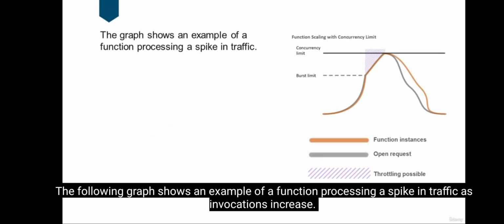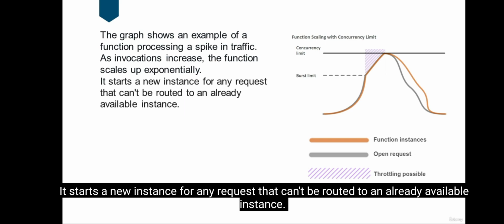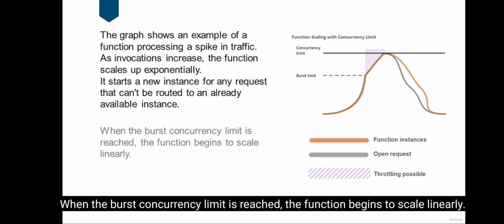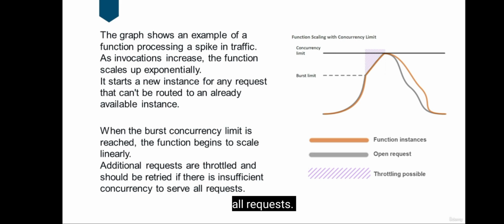The following graph shows an example of a function processing a spike in traffic. As invocations increase, the function scales up exponentially. It starts a new instance for any request that can't be routed to an already available instance. When the burst concurrency limit is reached, the function begins to scale linearly. Additional requests are throttled and should be retried if there is insufficient concurrency to serve all requests.